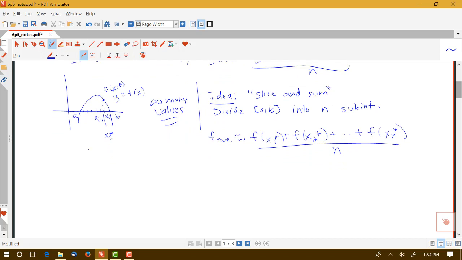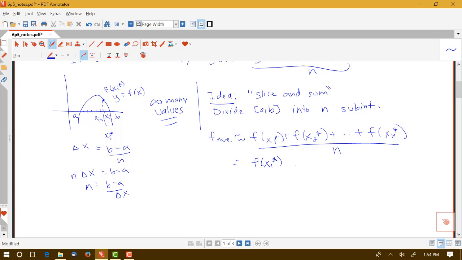Well, notice that when we did this division, the width of our interval was delta x equals b minus a over n. That means n times delta x is b minus a, so n itself is b minus a over delta x. That's how I can introduce delta x into this formula.